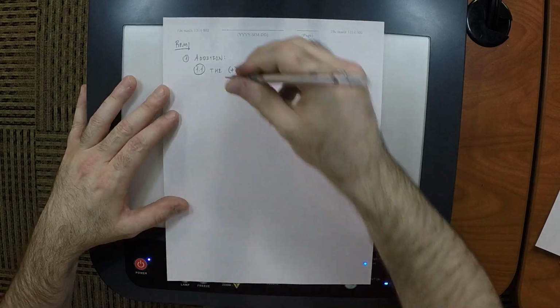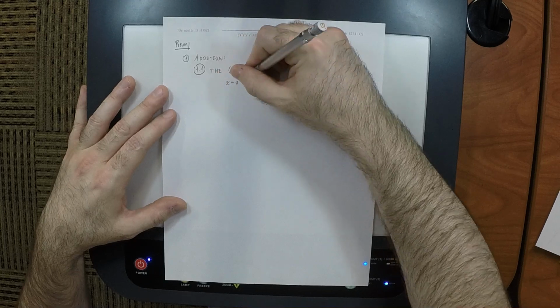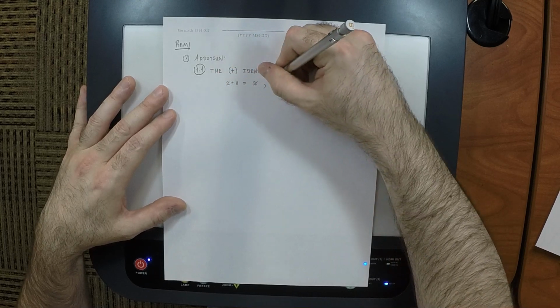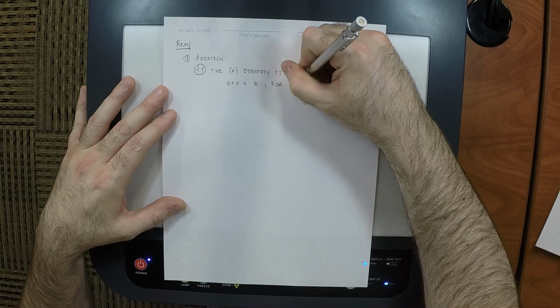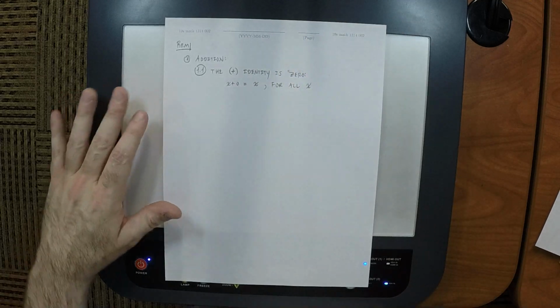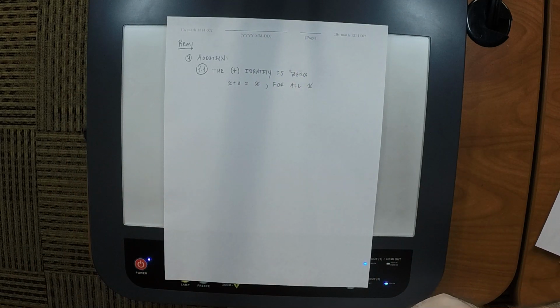The reason why is that x plus 0 is x for all x. So that means that adding 0 is the same as doing nothing. So 0 is neutral with respect to add.